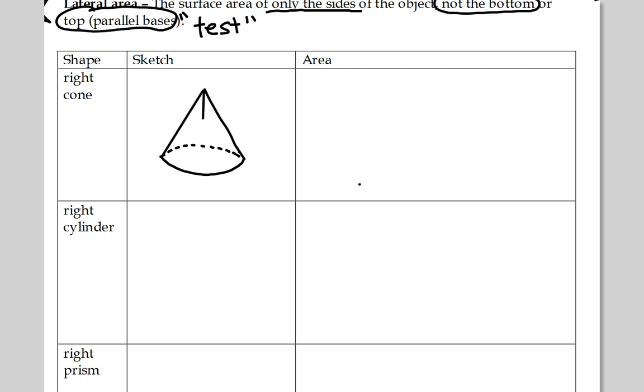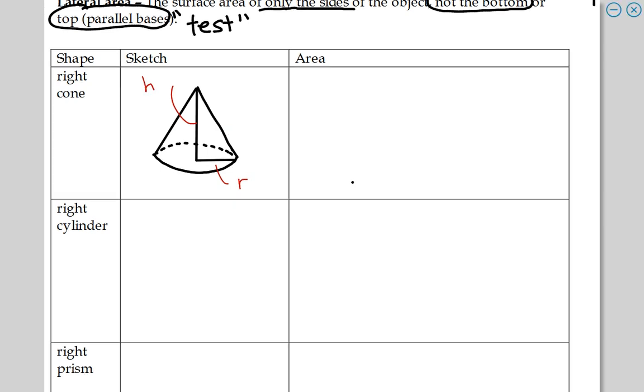And then you will drop a right angle to the base and a radius to the edge. So this is R, this is H, this is S. H stands for height, S stands for slant height, R stands for radius.